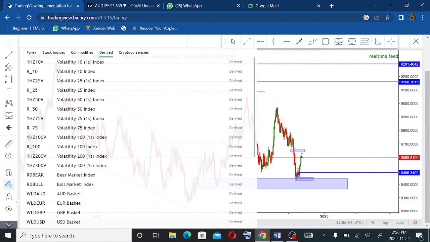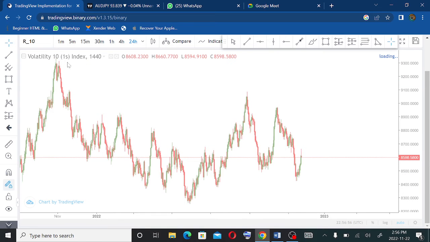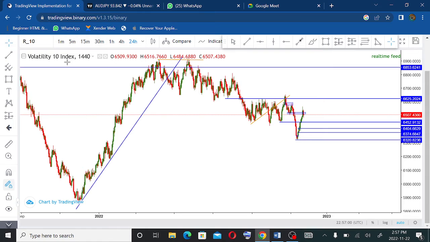So let's look at Volatility 10. Because I'm going really in depth trying to analyze this pair, I won't analyze many pairs. I'll just analyze maybe Volatility 10 (1s), Volatility 10, 25, and 50, which are the major pairs I trade most times.